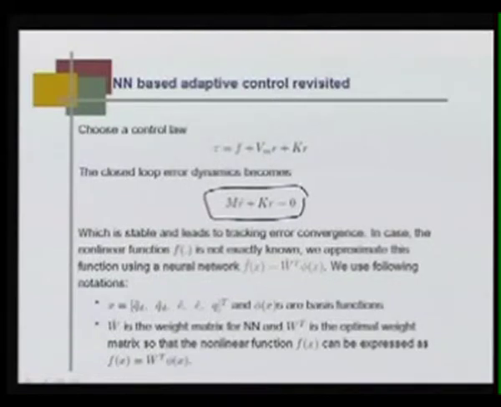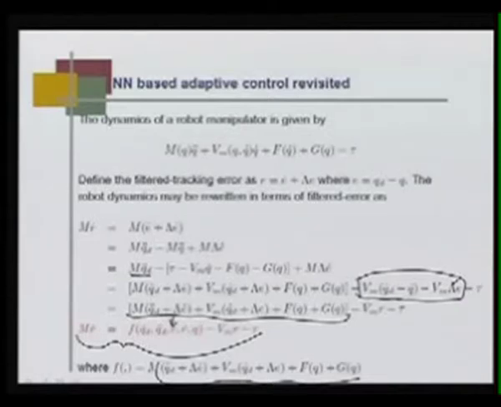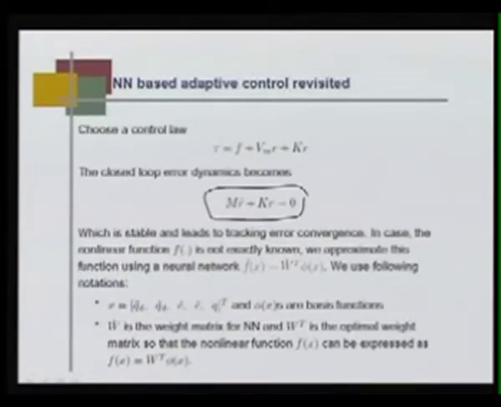But to implement this controller, f must be known. This quantity must be known, but unfortunately we do not have many parameters to compute it exactly, and hence we estimate f by f hat x, and we approximate this as a radial basis function as a kernel, in which W is the weight vector and phi x is the basis function.